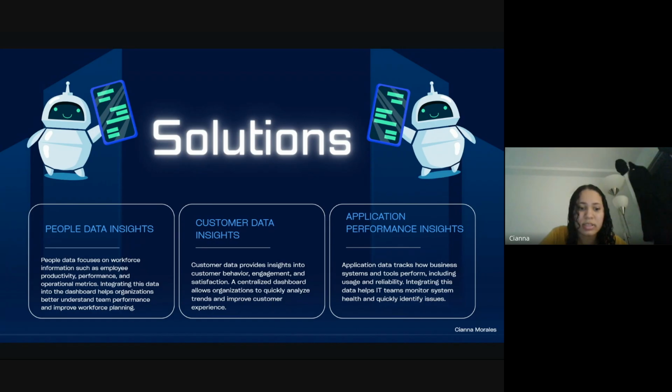Within customer data insights, a centralized dashboard allows organizations to quickly analyze trends and improve the basic customer's experience. And in application performance insights, integrating this data into IT members allows them to quickly identify any issues within the systems and modernize them.